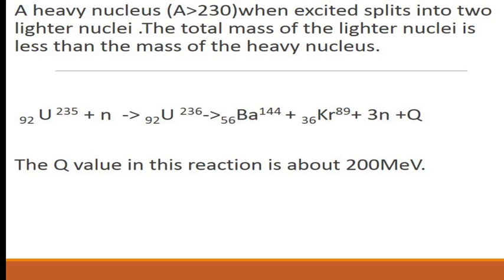The energy released in a process is known as the Q value. So here the energy released, or the Q value, in this reaction is about 200 MeV. So in a single fission reaction, about 200 MeV energy is released.